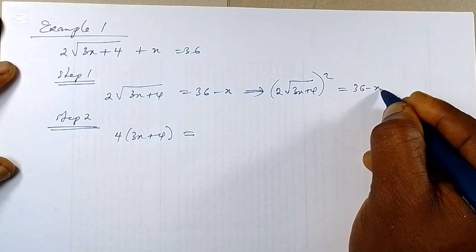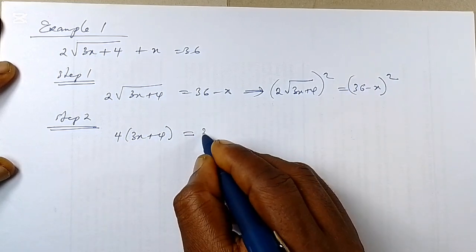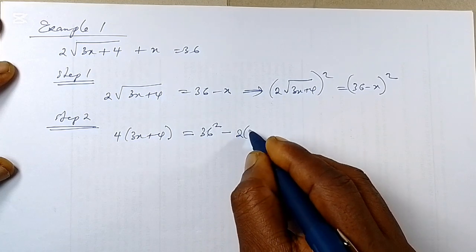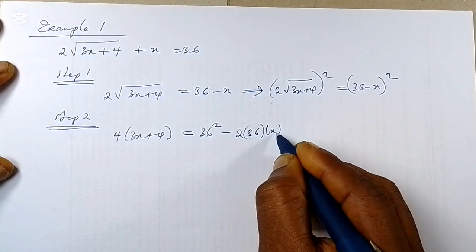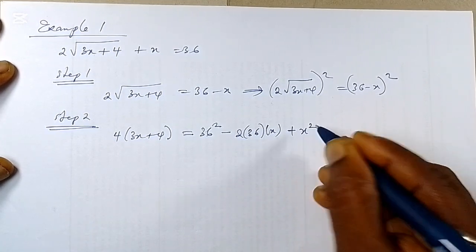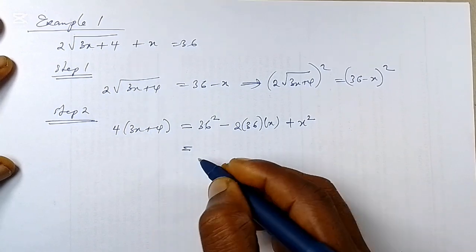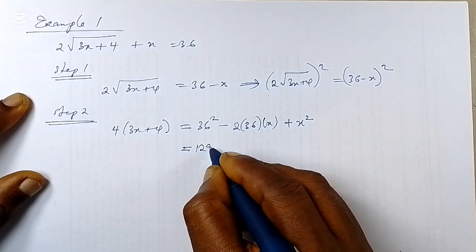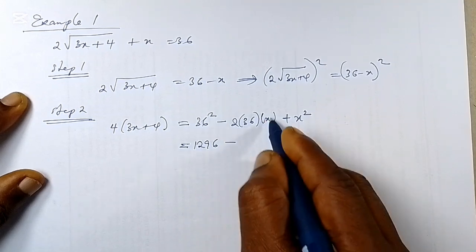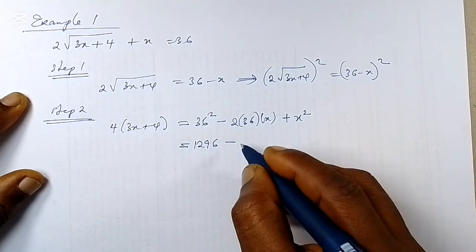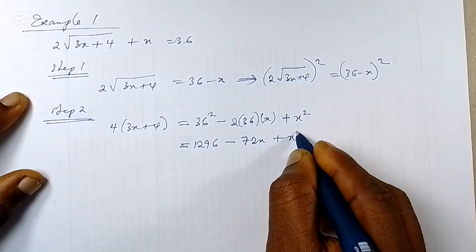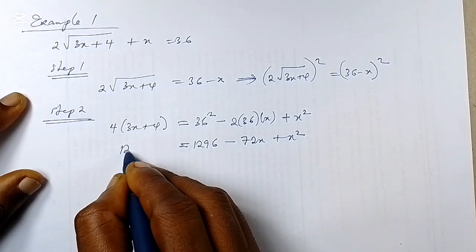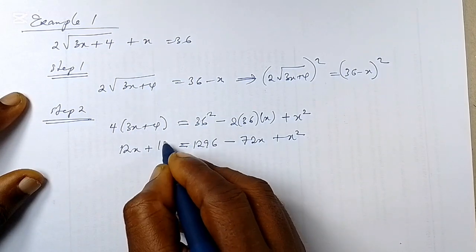When you square this side, you end up having 36 squared minus 2 times the product of the two of them, that is 36 times x times 2, plus x squared. The square of 36 gives 1296, and 2 times 36 times x gives minus 72x, plus x squared. On this other side, you have 4 times 3x, which is 12x, plus 4 times 4, which is 16.